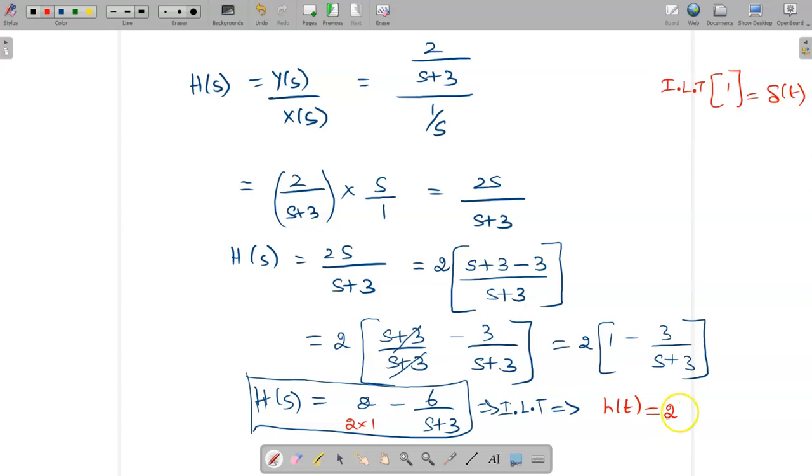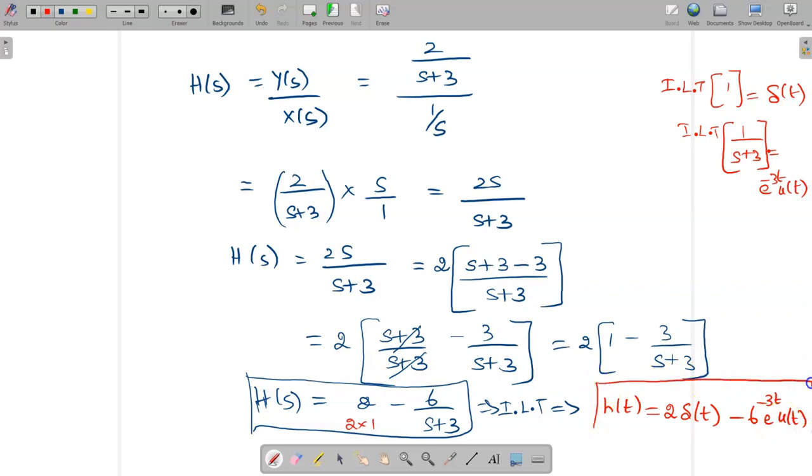Okay, so I can write it as 2 into del of t. This is my first term. Minus 6 into, what is inverse Laplace of 1 by s plus 3? It is e power minus 3t u of t. Okay, so minus 6 into e power minus 3t u of t. Okay, so this is my final answer.